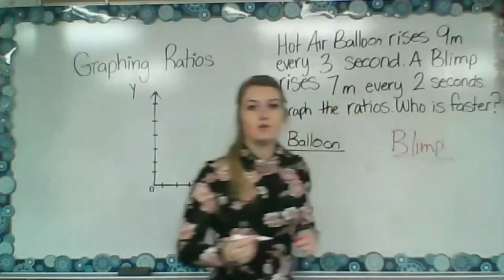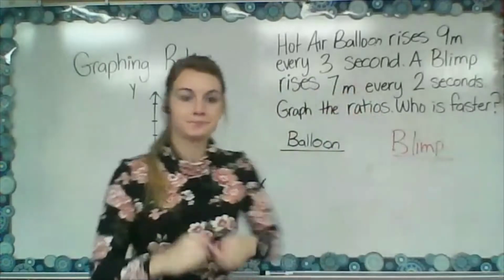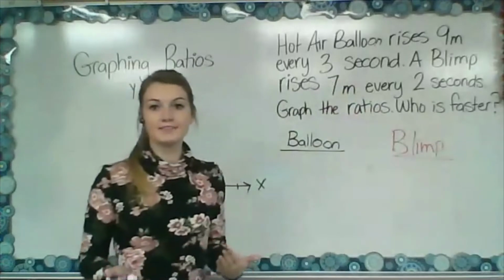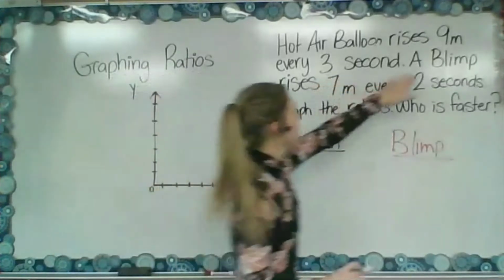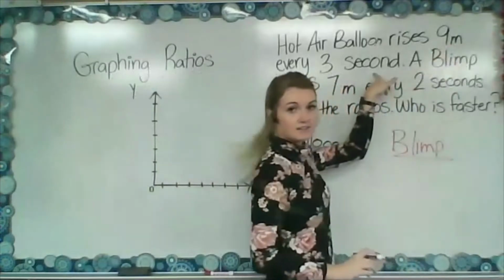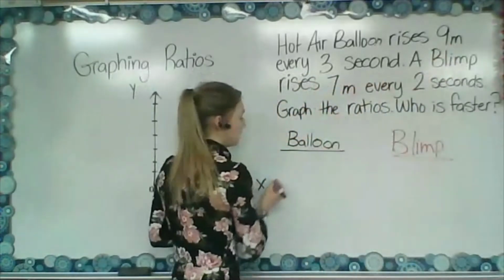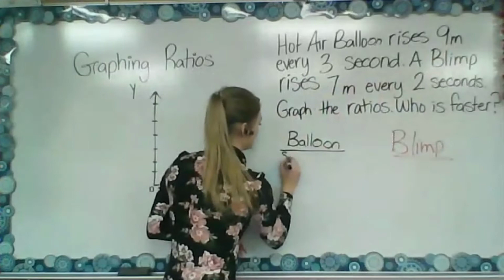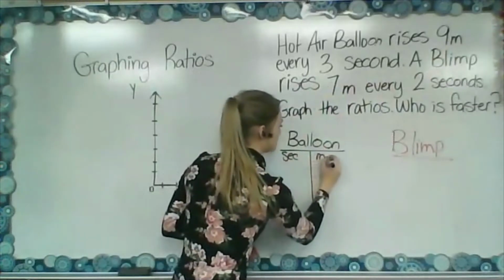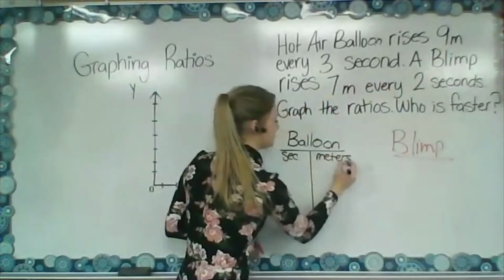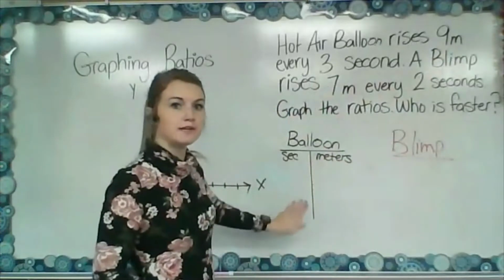Now, in order to graph, we're going to have to make a table, okay? So we're comparing meters to seconds. I'm going to do my seconds on this side and my meters on this side. So here's my table for the balloon.